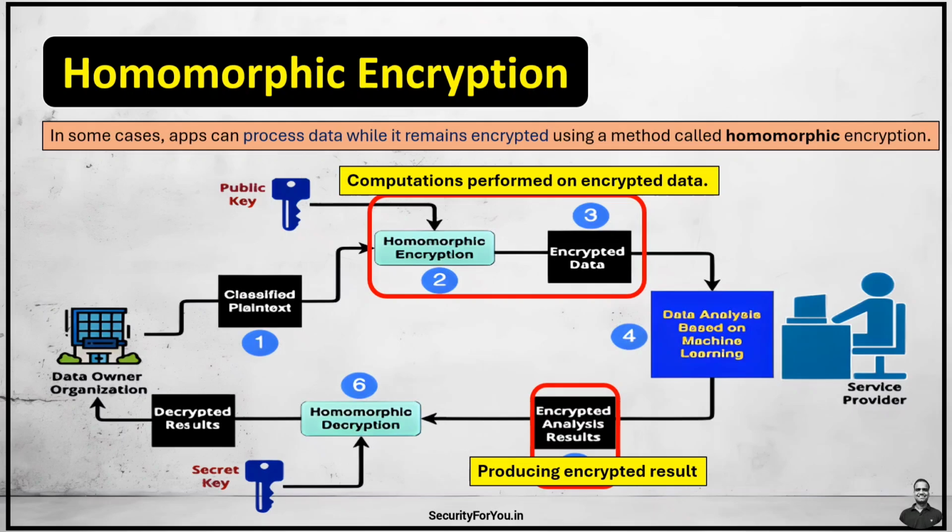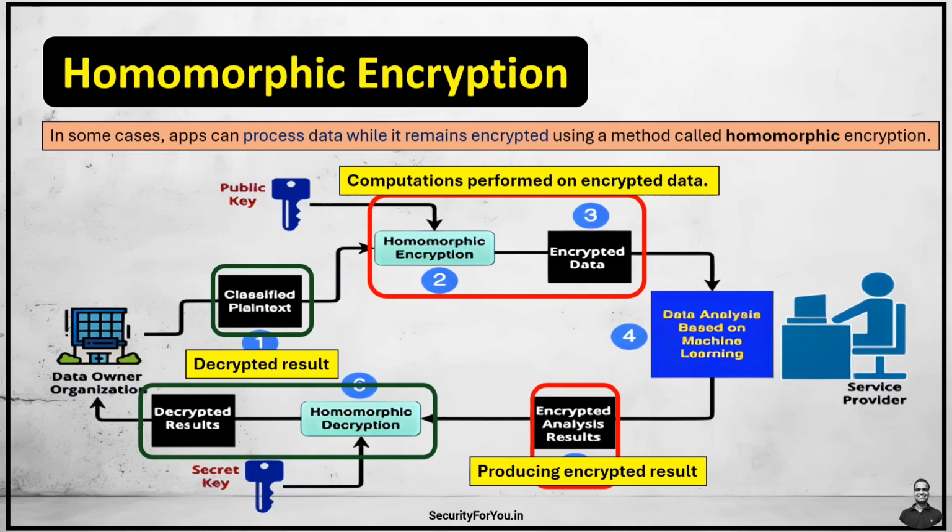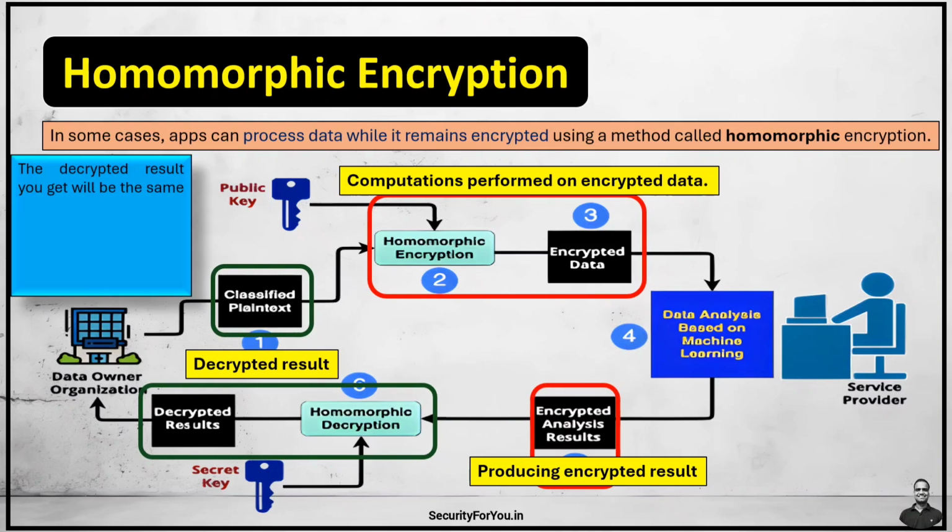And when the result is decrypted, it matches the outcome of performing the same operations on the original unencrypted data, right? This limits the risk because memory doesn't hold unencrypted data.